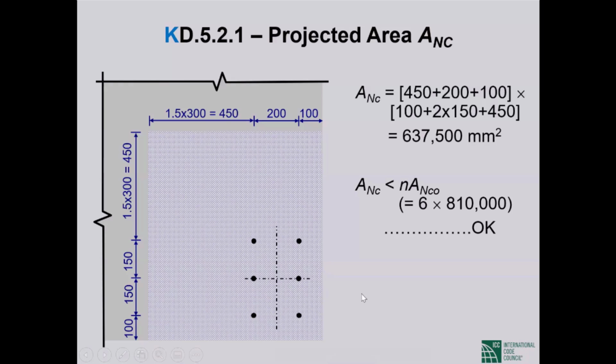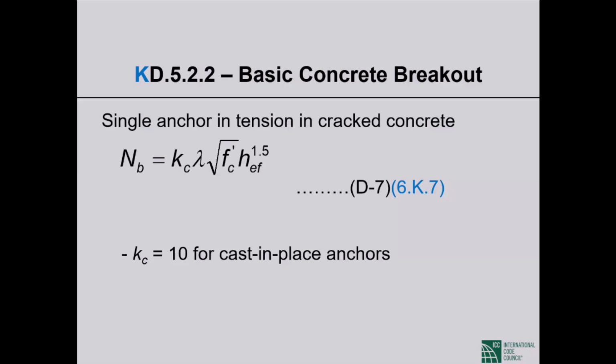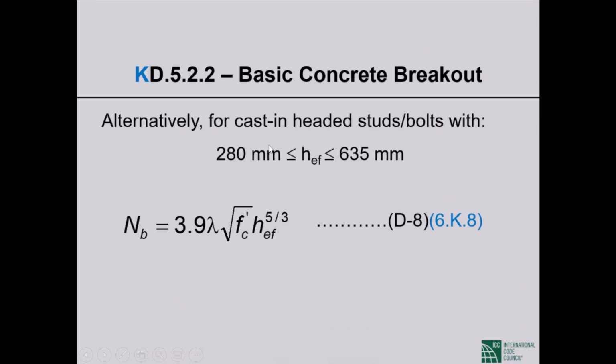The basic breakout strength is given by this expression where K sub C is 10 for cast-in-place anchors. Notice this is embedment depth raised to the power 1.5. There is an alternative equation where we can increase the power from 1.5 to 5/3, but the constant goes down from 10 to 3.9.